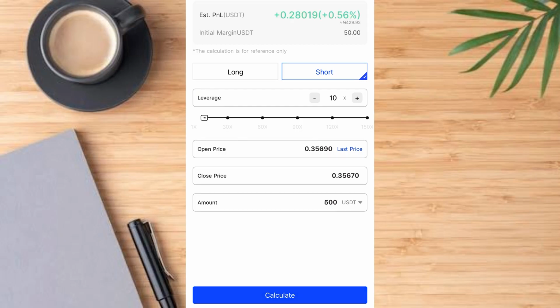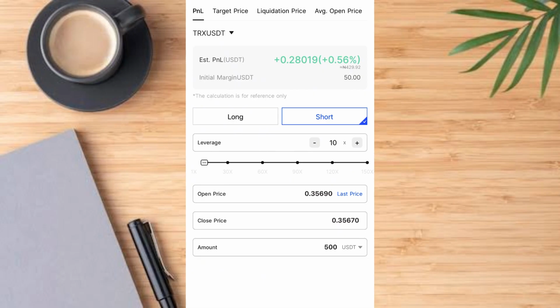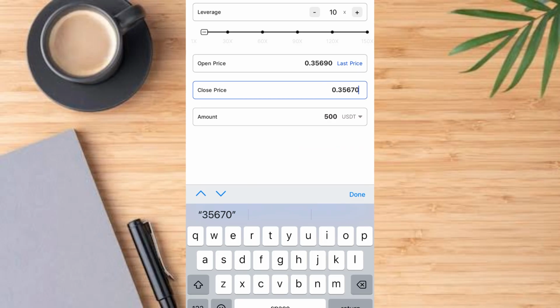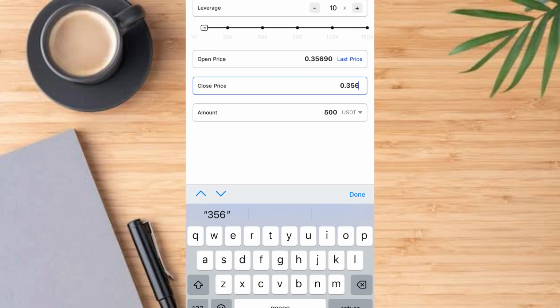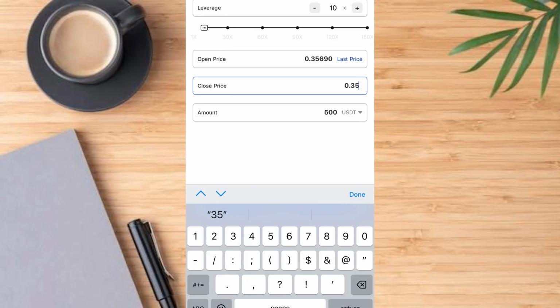Once you tap on calculate, based on our inputs, we're going to get this amount as margin, that is the initial margin. We're going to get this, and we're going to get 0.5%, and you predict that the price is going to fall to around, let me say, this time around 00.